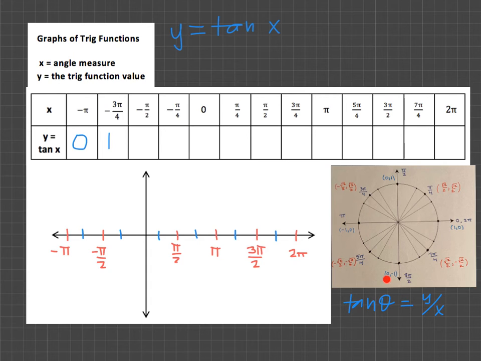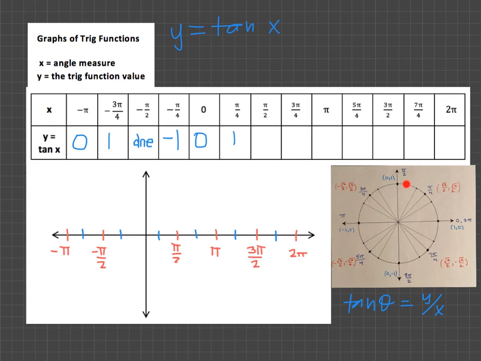Well, that is undefined. For negative pi over 4, right here, we've got a negative square root 2 over 2 over positive square root 2 over 2, so that's going to be a negative 1. For x equal to 0, we will have 0 over 1, or 0. For positive pi over 4, we have a positive square root 2 over 2 over itself, so that's a positive 1.